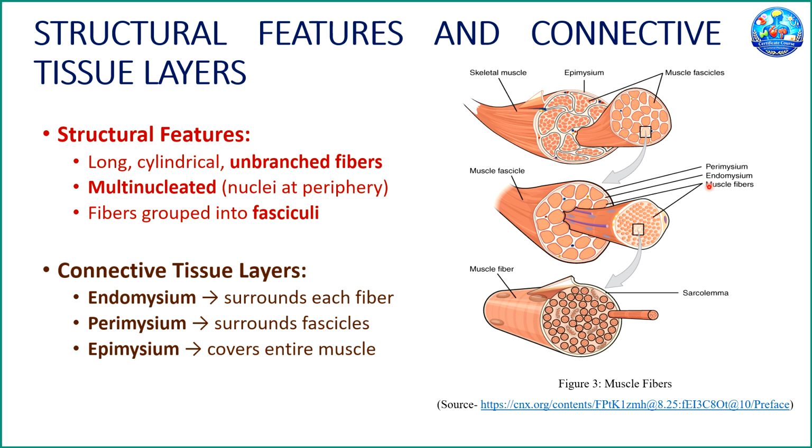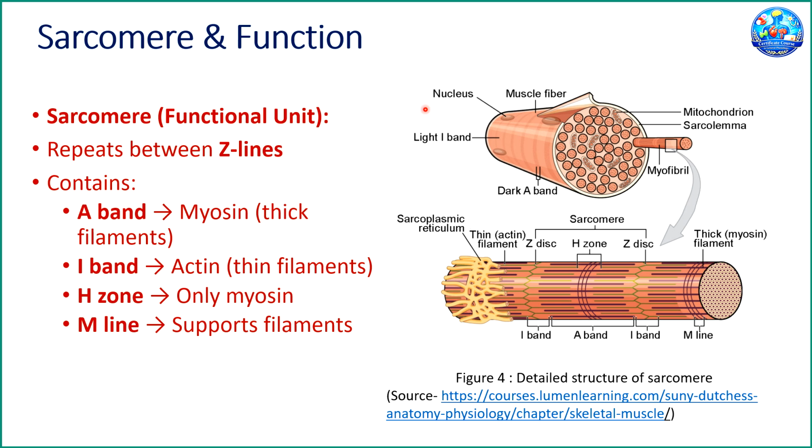Each muscle fiber again consists of myofibrils, which are thread-like structures. This is a myofibril. Each myofibril, a thread-like structure, is responsible for contraction. These are made up of repeating units called sarcomeres, which are the main functional unit of muscle contraction.